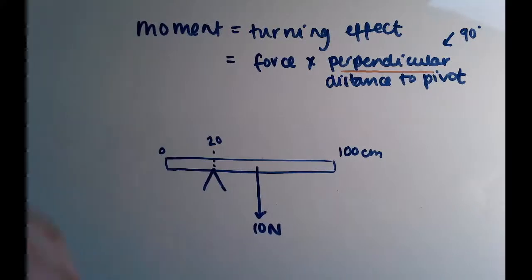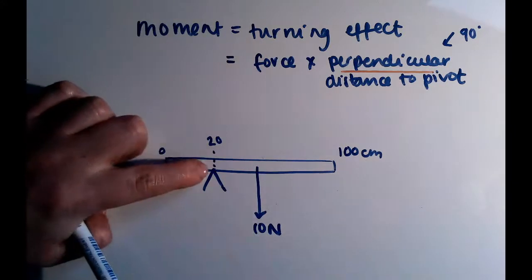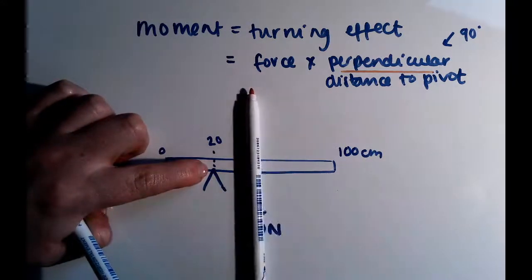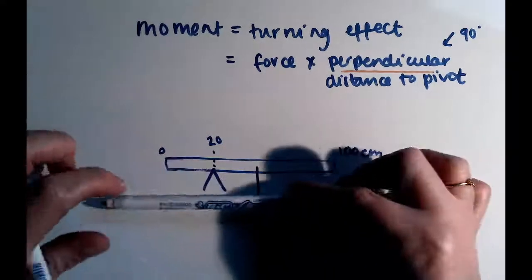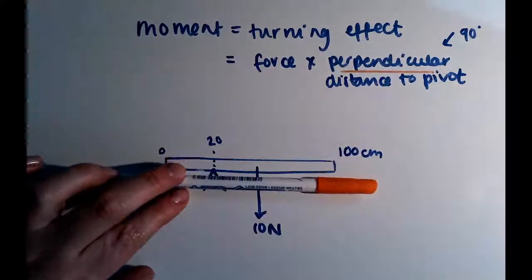At its most basic, the moment that is caused by this force here is the force multiplied by the perpendicular distance to the pivot. Now the pivot is this point. Okay, the force is acting vertically, so 90 degrees to the force is in the horizontal plane.